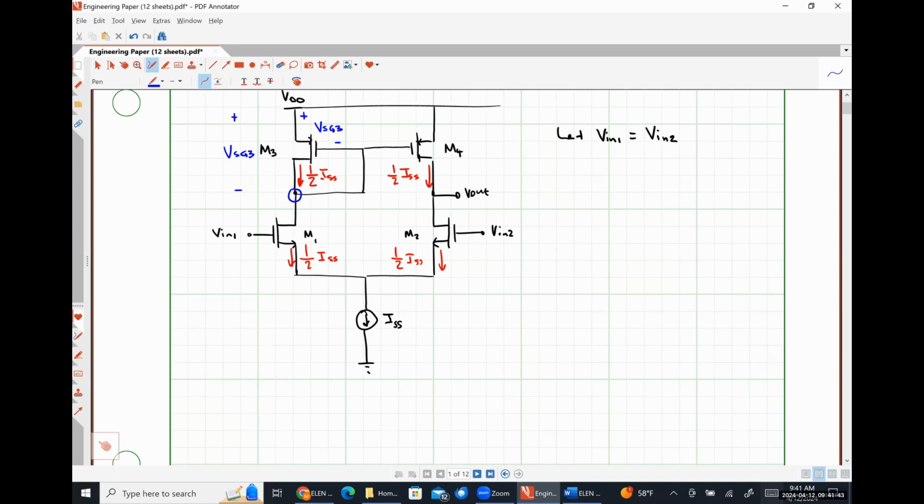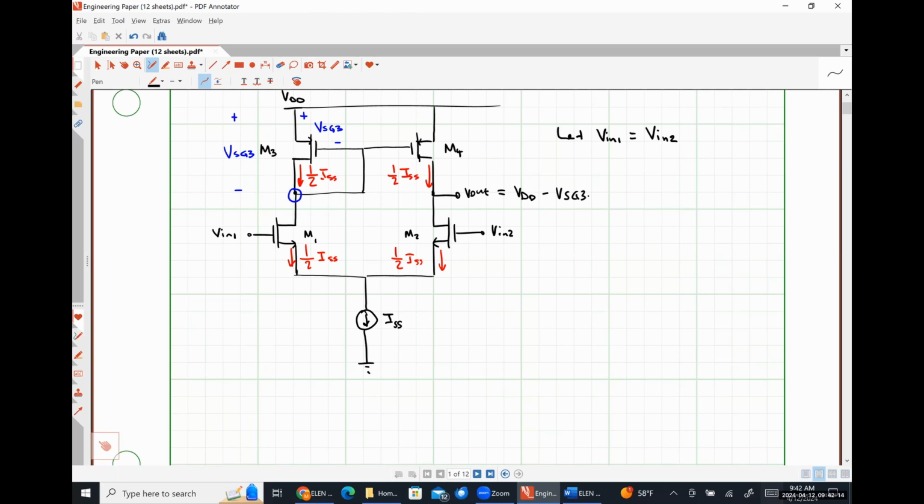Well, if the transistor M3 is carrying a particular current and the transistor M4 is carrying that exact same amount of current, they should have the exact same drain source voltage relationship as well. So we can see that Vout is literally just VDD minus whatever VSG3 is.